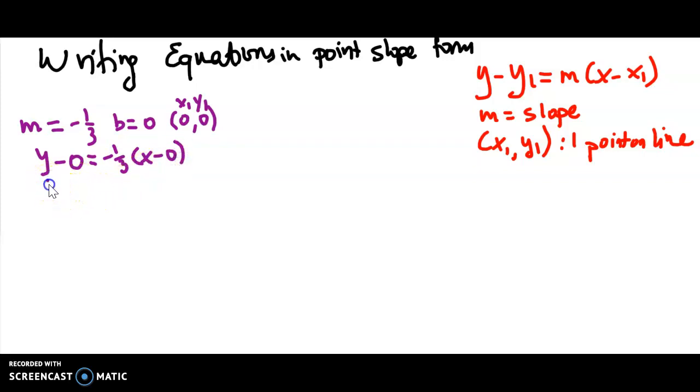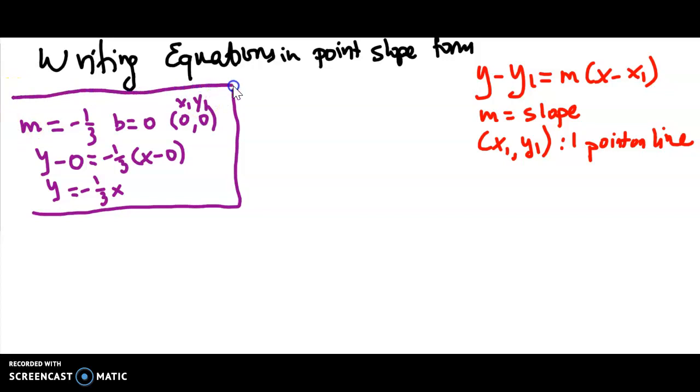If I clean this up, because I have a bunch of zeros here, I will have y equals negative 1/3 x. So even though it looks like slope-intercept, it is point slope because my line is passing through the origin. That is one possible example you can have. You can have the b value and the m, and you're going to be asked to put it in point slope. Let's go to another example here.